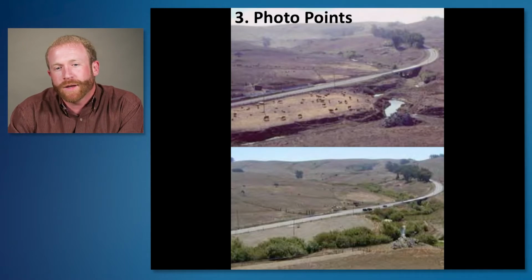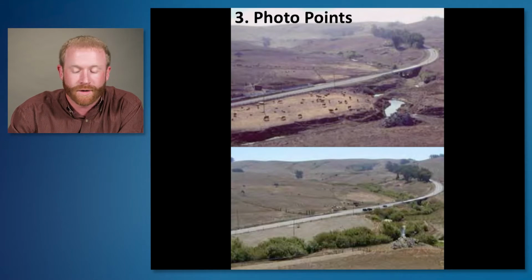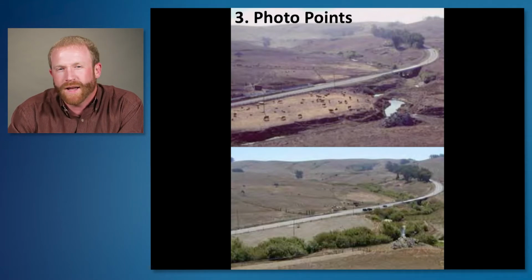So think about those examples if you have any, and maybe take digital photos of the originals and save those in the same place as you do your photo points going into the future. So have that in the back of your mind as we go through some of these other examples.